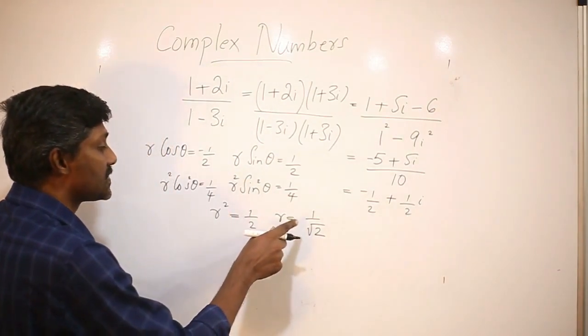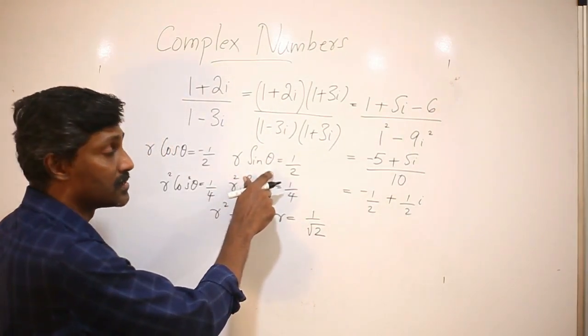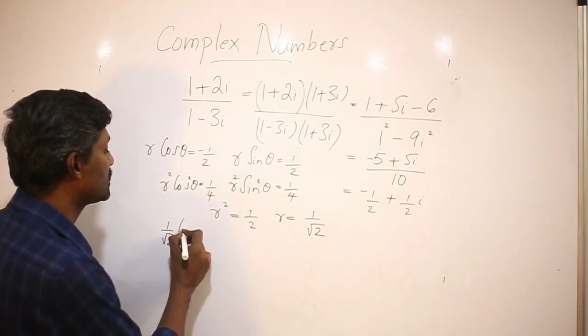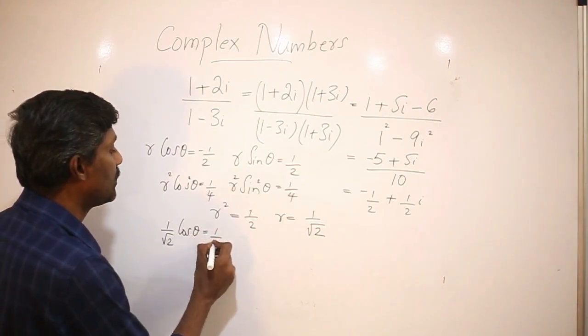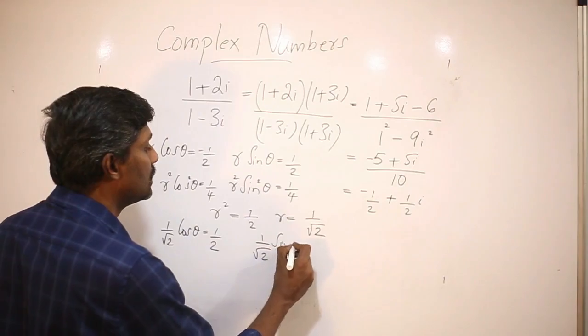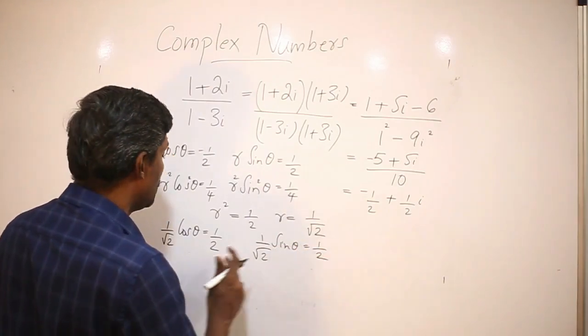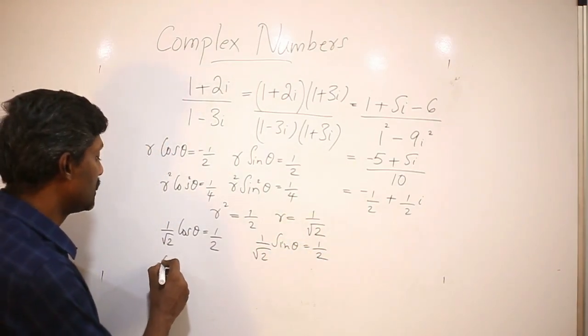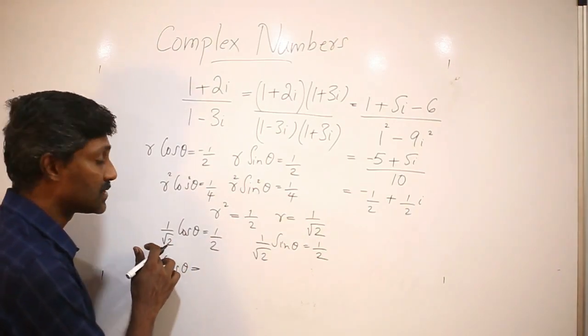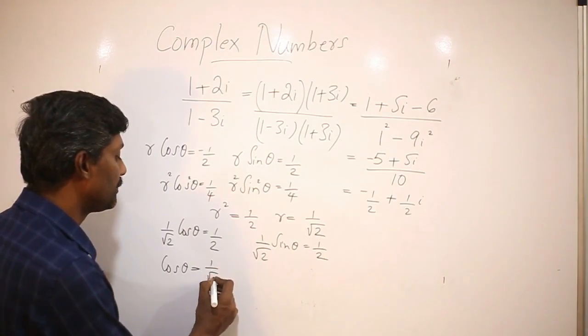The argument. Substitute this value in these two equations and we get 1 by root 2 cos theta is equal to 1 by 2. 1 by root 2 sin theta is equal to 1 by 2. And on dividing this, we get cos theta is equal to 1 by 2 divided by root 2, which is nothing but 1 by root 2.